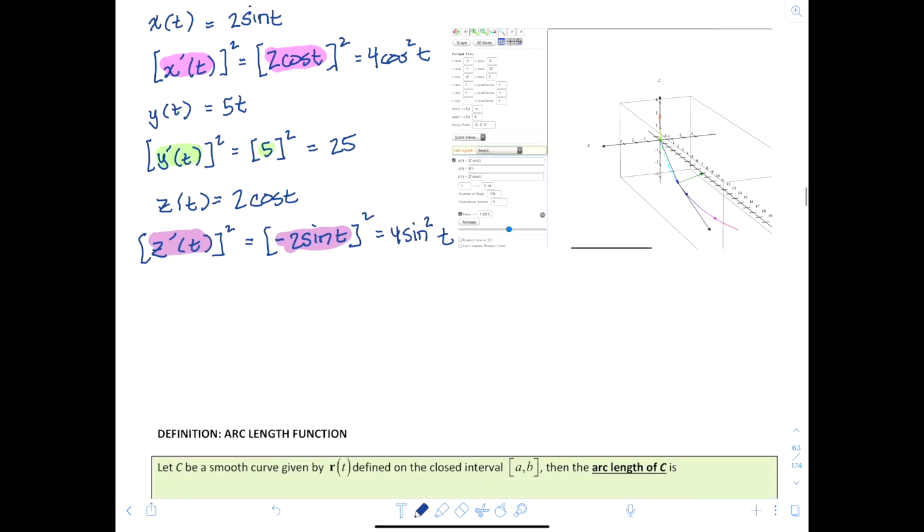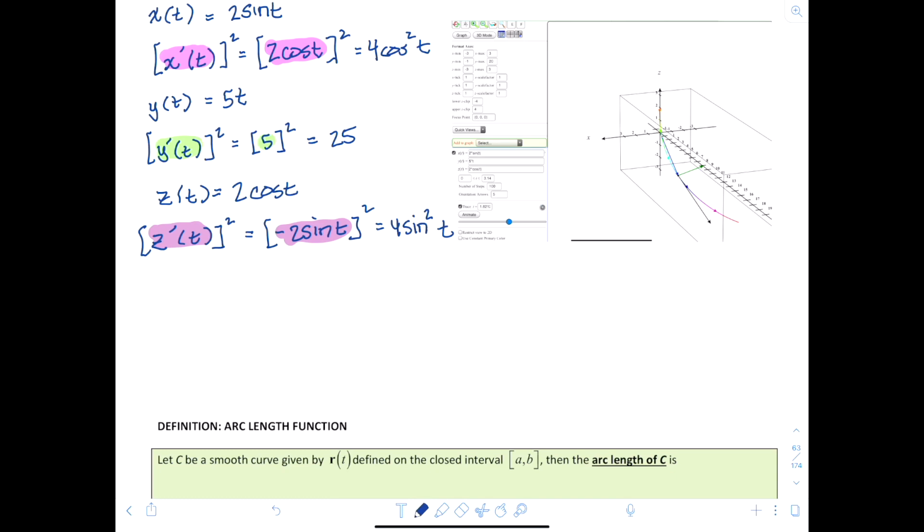Okay, so now we know, just like the other one, that our s will be equal to the integral from a to b. We found out that on the interval from 0 to pi, we don't trace more than once, so we're good on that. And it'll be the square root of x prime at t, the quantity squared, which was 4 cosine squared t, and then plus 25, that was y prime at t squared, and plus 4 sine squared t, with respect to t.